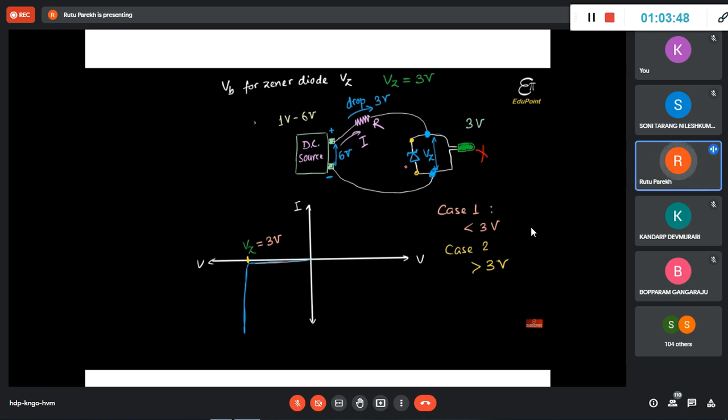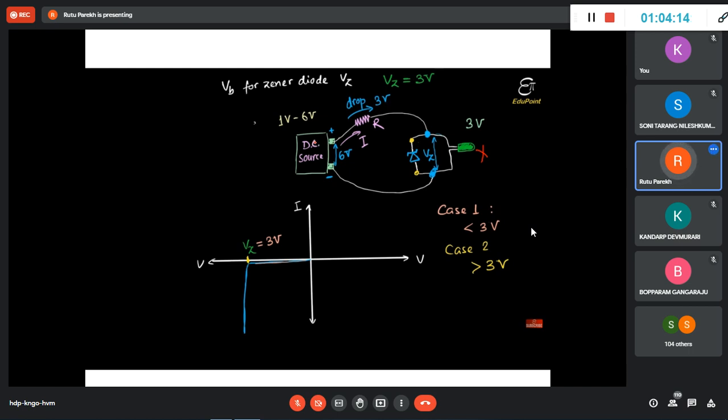This will still give 3 volt, and the 3 volt will appear across this LED. Even if this R and all these things are the same, and the input is 2 volt or 4 volt or 6 volt, the drop is now constant: 3 volt Zener, 3 volt is constant.